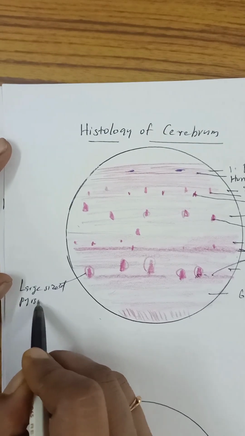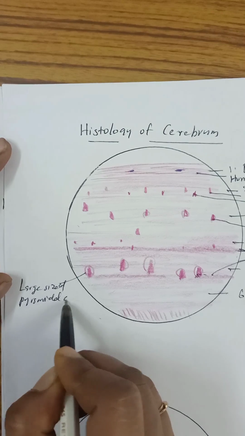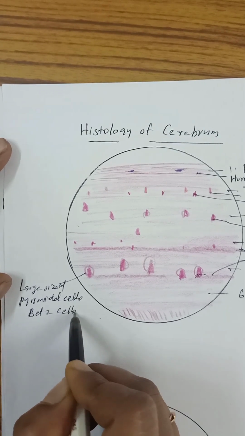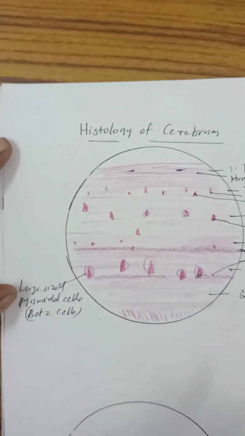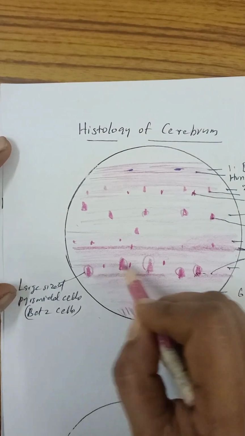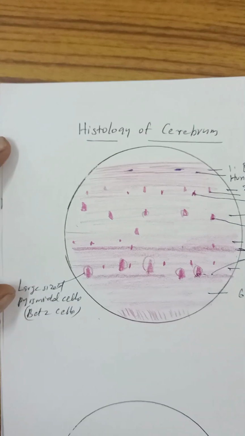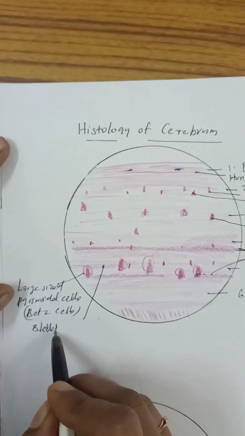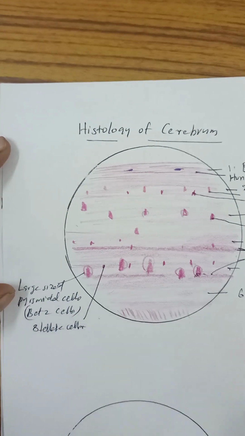Other name is Betz cells. Then one more type, some few stellate cells are also there here. So this is the stellate cell. This is the fourth layer, okay.